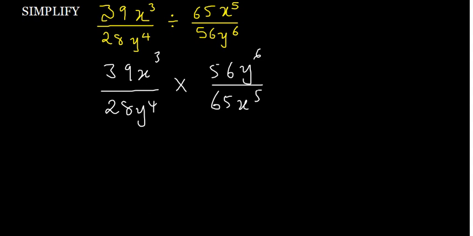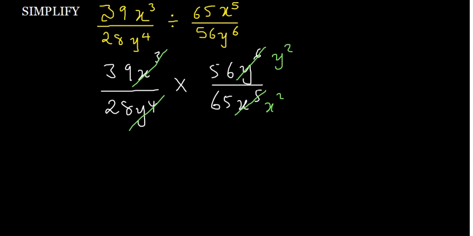Now here again what we're going to see is x to the power 3 will cancel with x to the power 5. So what will remain is just x power 2. You have got 5 x's here. The 3 of them are going to cancel with these 3, so only remain with 2. And then y power 4 will also cancel with y power 6, so you only remain with y power 2 there, right?